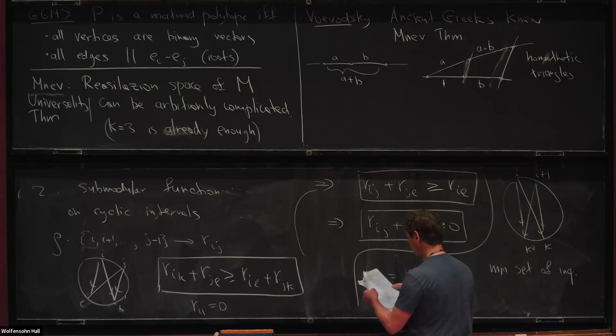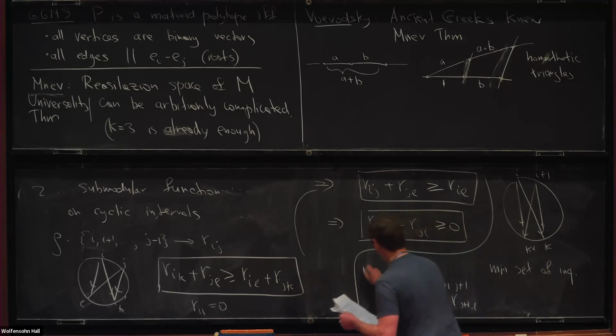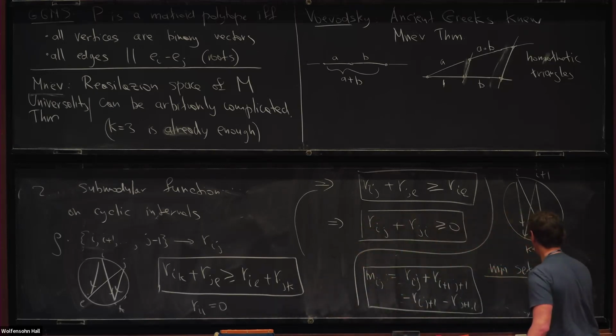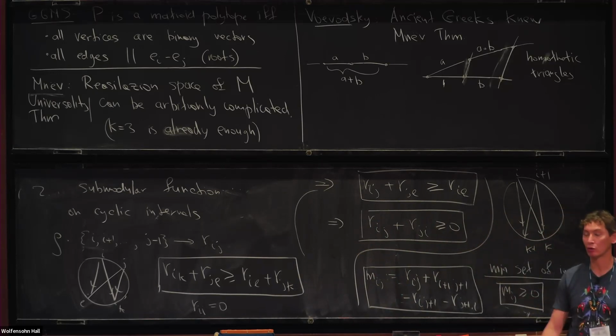So we define this other parameterization. Then it happens that these inequalities are just given by the conditions that these m_ij's are greater than or equal to 0.